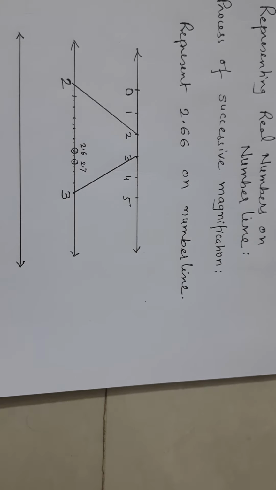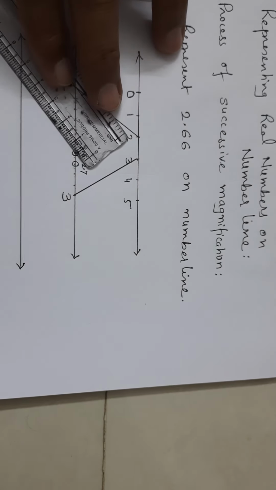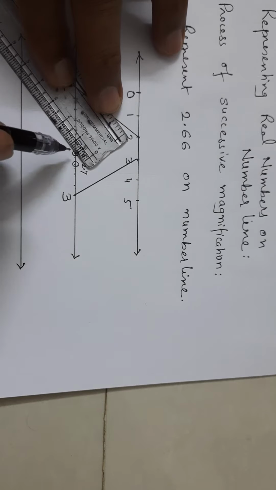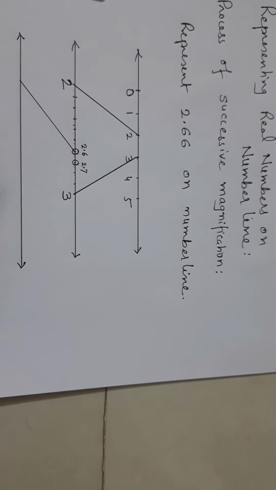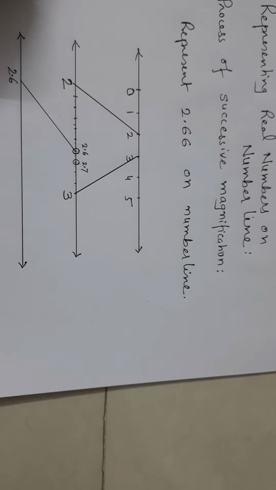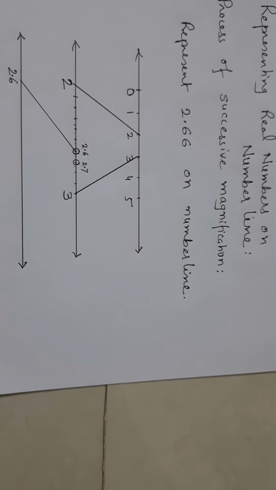Now I am bringing 2.6 at one part. This is 2.6. From 2.6 to 2.7 I want to divide into 10 equal parts.